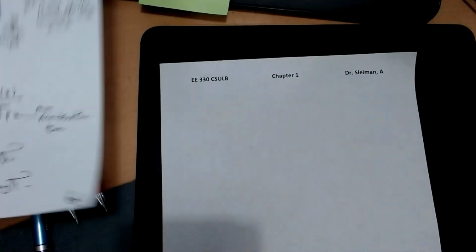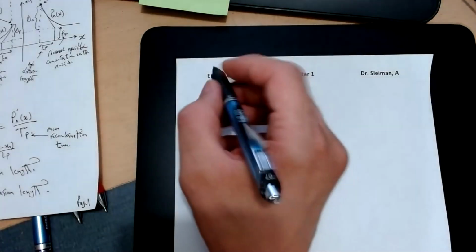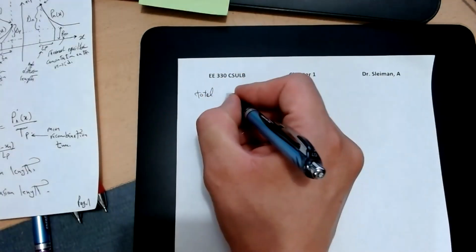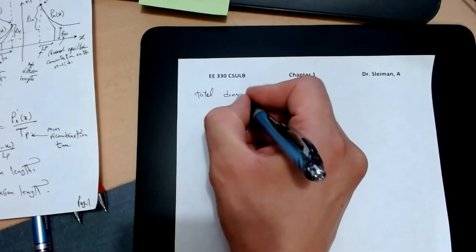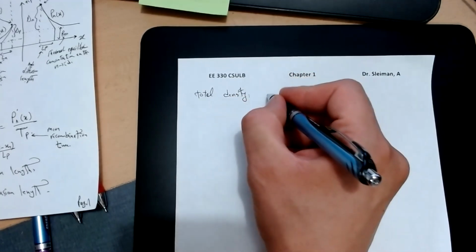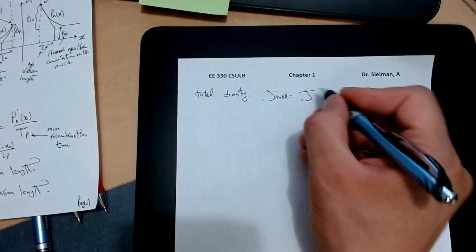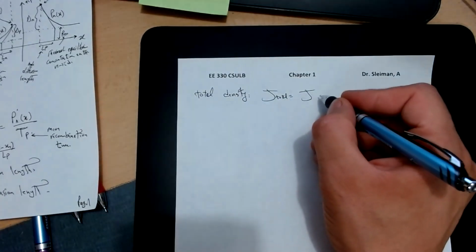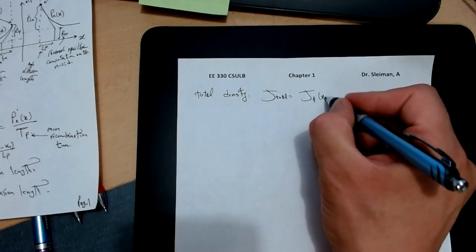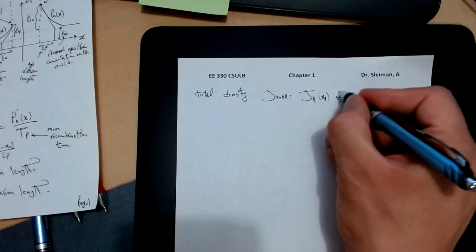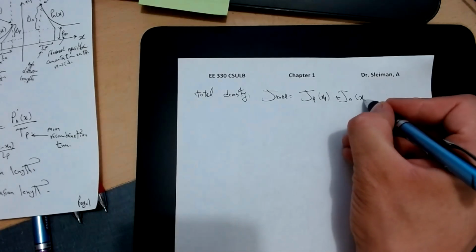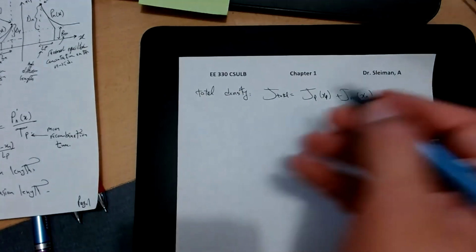So to continue on this, the total density is usually the density on the p side due to xp plus the density on the n side due to xn.